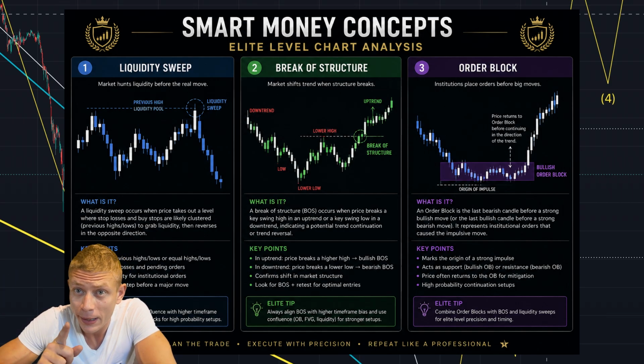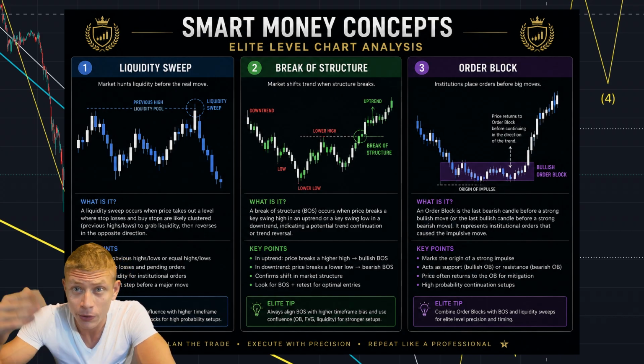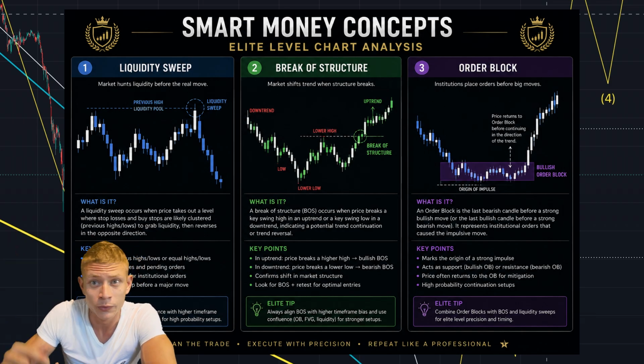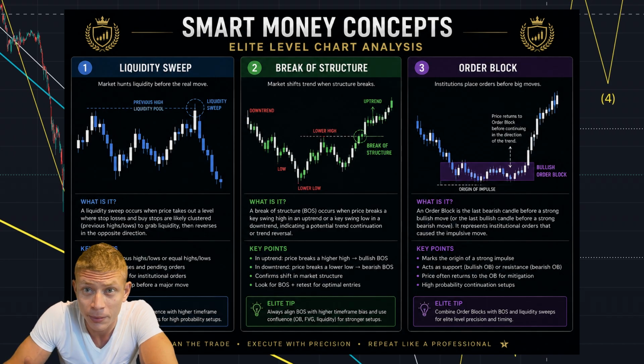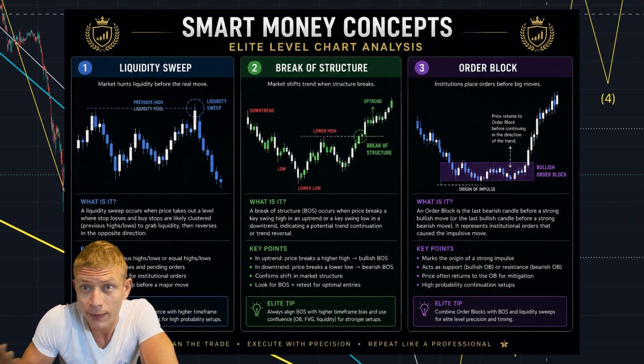After the liquidity sweep happens, most likely you will get an impulse in the other direction. If the liquidity sweep was to the upside, you will get a strong move towards the downside following straight away, which will lead to a so-called break of structure to the downside, which is the second smart money concept.